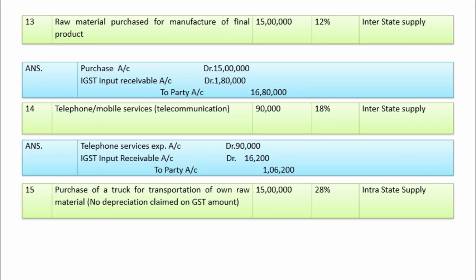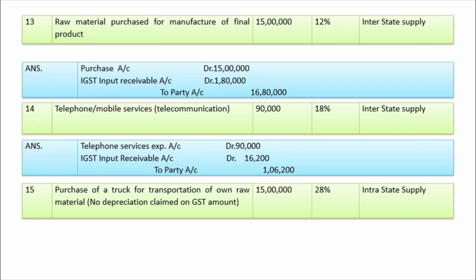But there are certain exceptions. If any vehicle is purchased for providing training, for transportation of passengers, or any vehicle purchased for transportation of goods or finished goods from one place to another, then we don't have to look at the sitting capacity, and whatever GST is paid in that situation, credit is available.